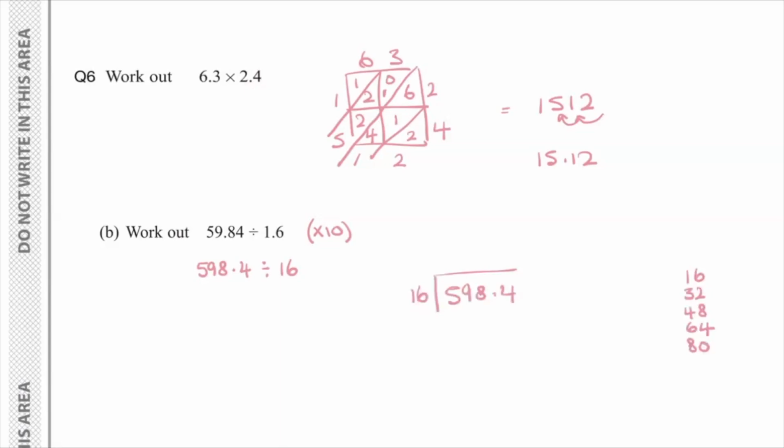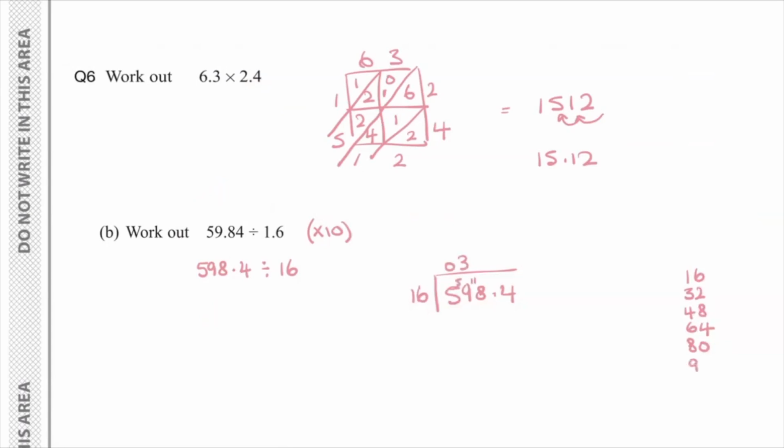So 16s into 5 don't go. Carry the 5 and you've got 59. 16s into 59, I'll check my table. That's too big, so I've got 3, and then I have to work out the difference so that I can find out what to carry over. It's 11. So I've now got 118, and obviously I'm going to need to write a few more.